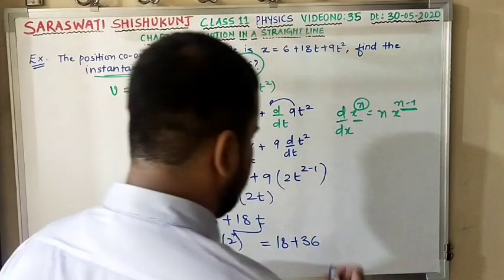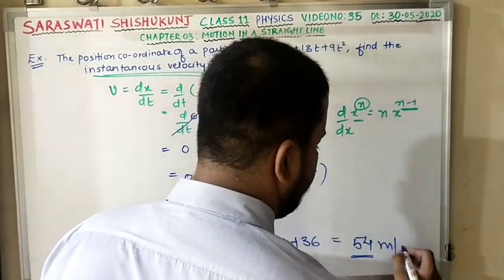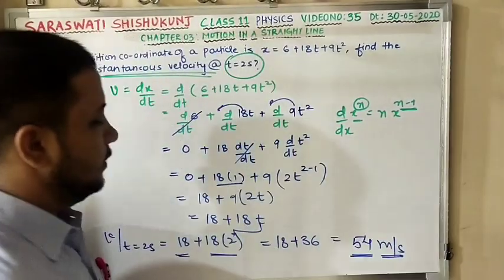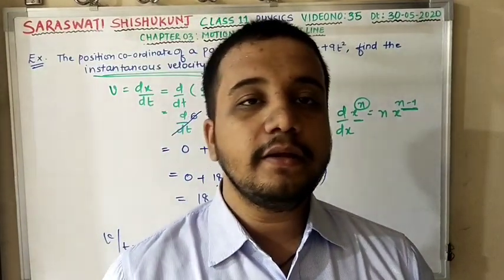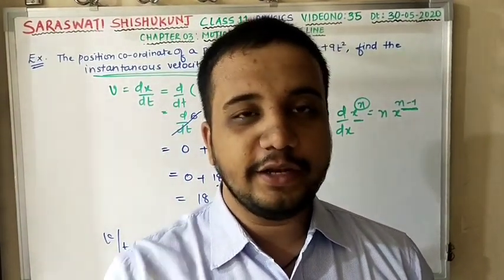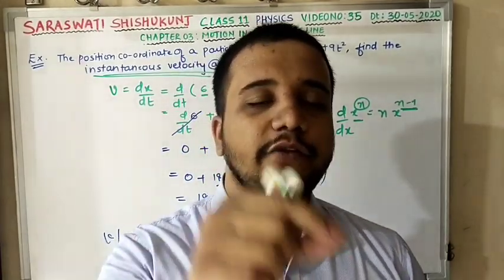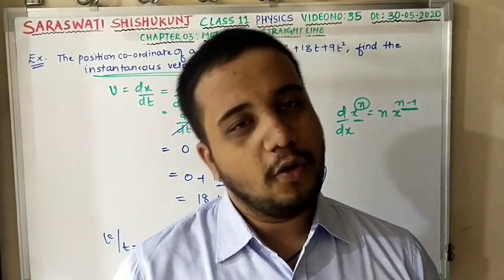Now calculate. Answer is how much? 54. Unit will be meter per second. So 54 meter per second. Till this clear? How to calculate instantaneous velocity? We need to differentiate the given position coordinate and just put the value of t in order to get the answer. Hope it is clear.